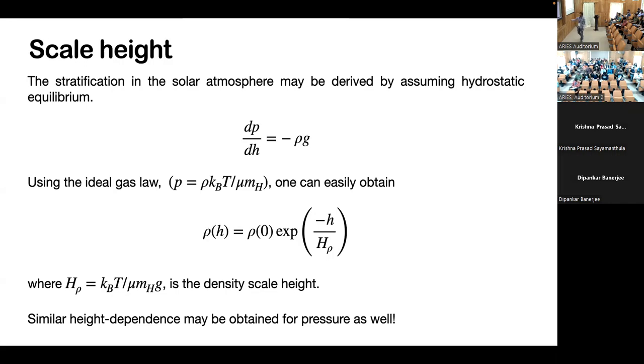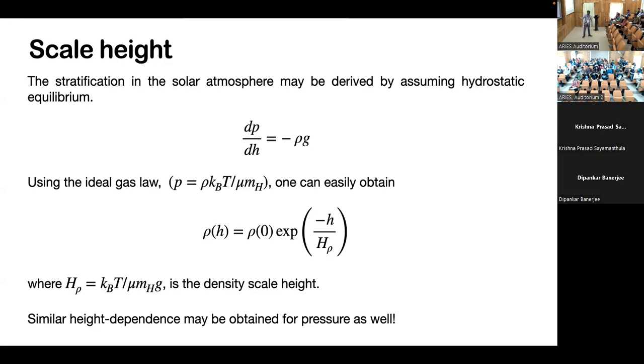Now using the ideal gas law, you can replace P, you have P = rho kB T / (mu mH). This is just a simple ideal gas expression in one of its forms. If you insert that, you will get rho(h) = rho_0 exp(-h/H_rho). This H_rho is defined as kB T / (mu mH g). This H_rho term is called the scale height.